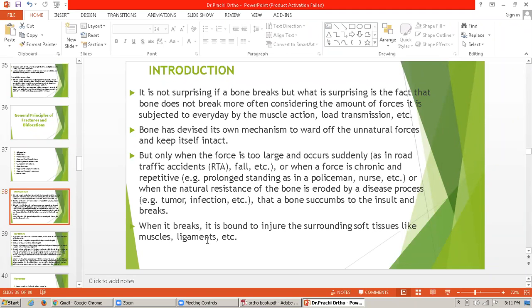So firstly, when a fracture occurs. A fracture is not a common entity that occurs anywhere due to anything.